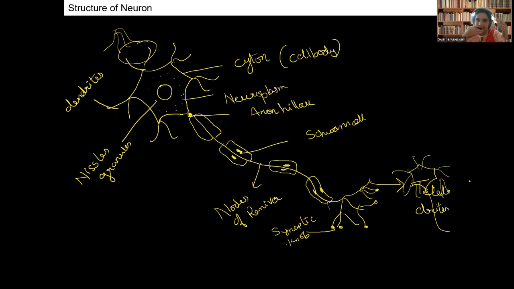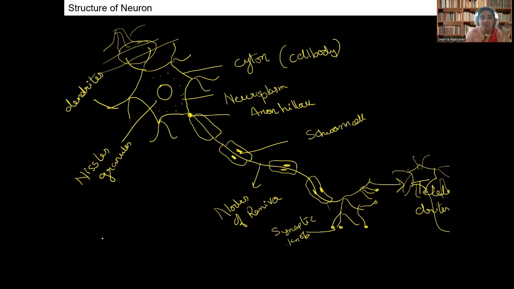Likewise, the previous neuron is sending the impulse through the teledendrites, and this neuron will be receiving the impulses through the dendrites.